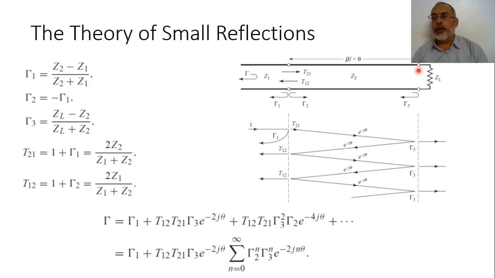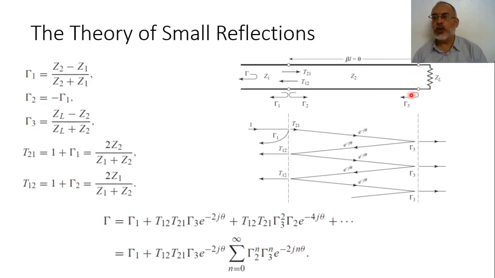Then it is attacked by the load impedance. Because the load impedance has a value different from Z2, there will be a reflection coefficient at this end.